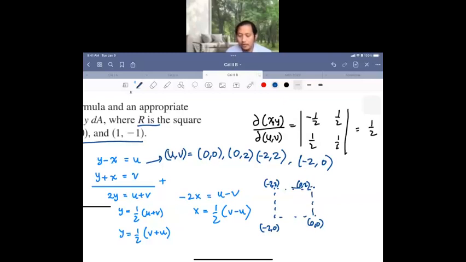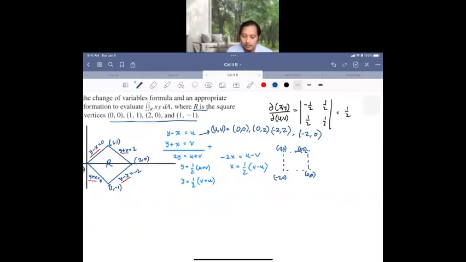So we are going to have a double integral of f(x, y) dA, with v from 0 to 2 and u from negative 2 to 0.